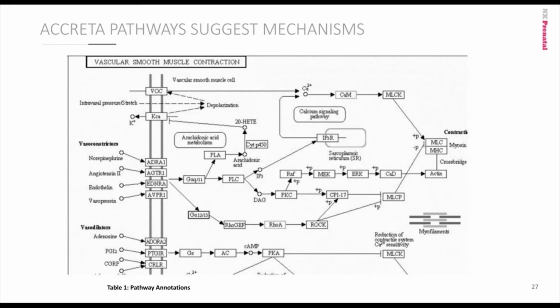What I'm showing you here is a very interesting example of a signaling circuit diagram that was hit multiple times by different proteins. I have intentionally de-highlighted important hits in the smooth muscle contraction pathway, which is actually relevant to both vascular and uterine smooth muscle contraction.